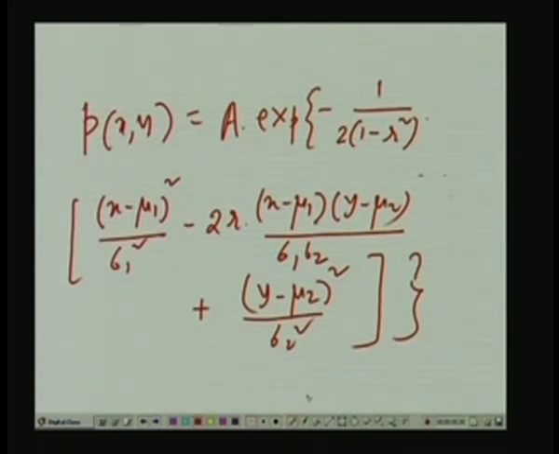In order to be qualified as a probability density function, this should be non-negative everywhere and its total integral over the entire xy plane should be equal to 1.